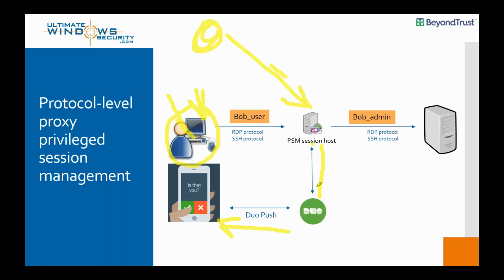And that's why the exact type of two-factor authentication you're using is important. The beauty of something like Duo is that it's transparent. The RDP client or secure shell client here needs to know nothing about it, that it's even happening. Martin? Yeah, no, that's absolutely right. I agree 100%.